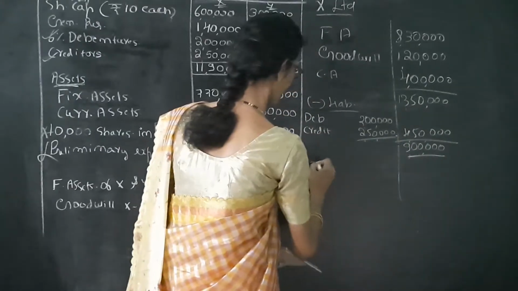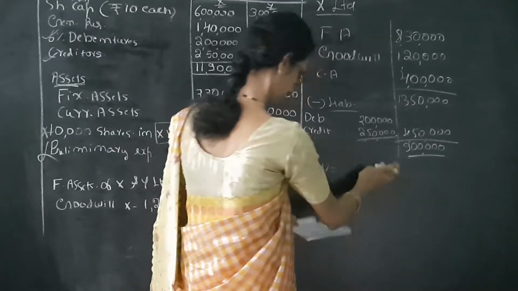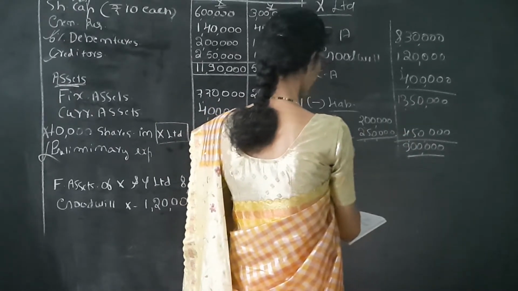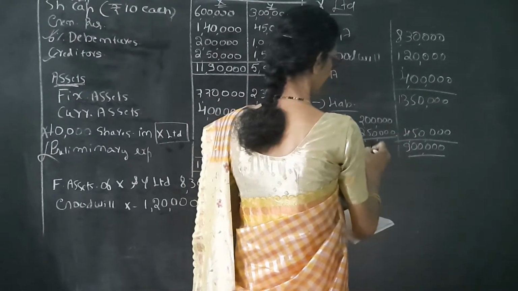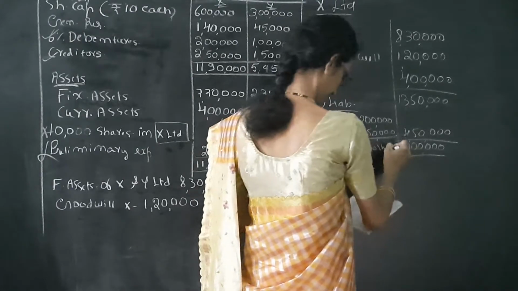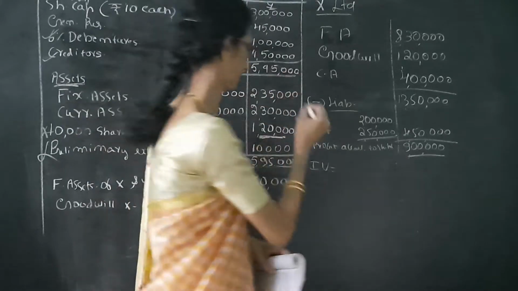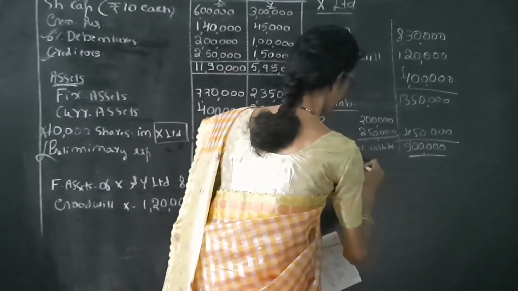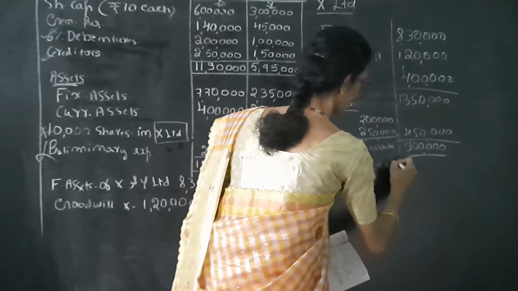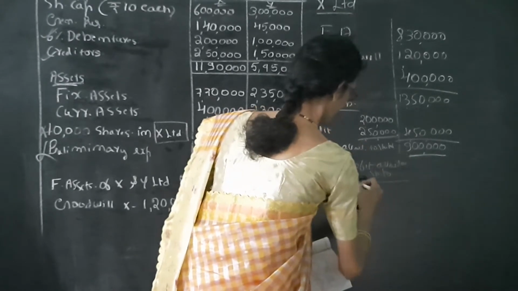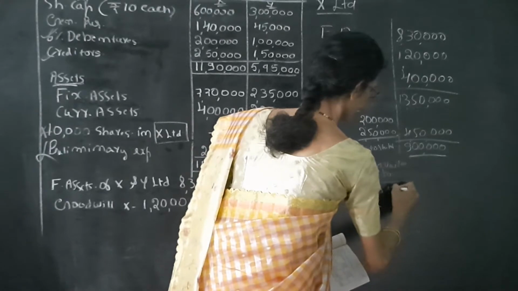So intrinsic value is equal to the profit available to shareholders. So our net assets available to shareholders, divided by number of equity shares.